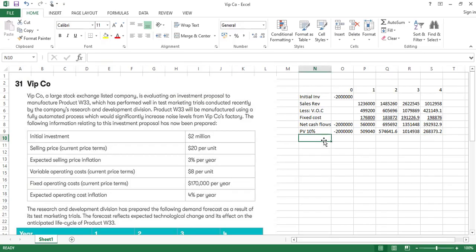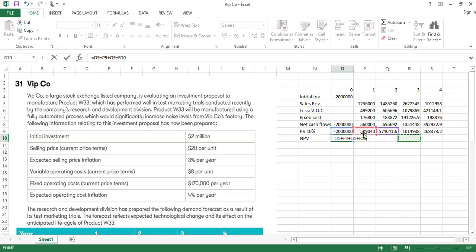So now we will calculate net present value, NPV, because I think no scrap value is given. So NPV is equal to this plus this plus this plus this plus this one.